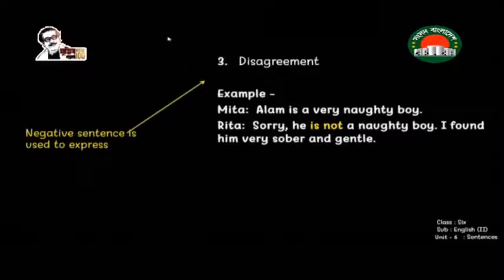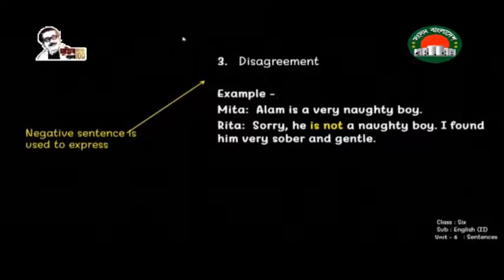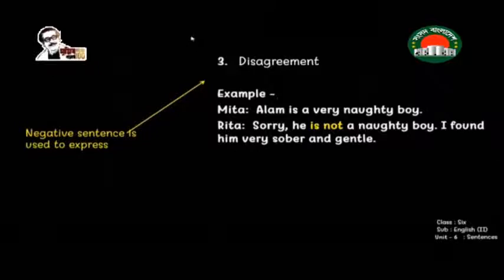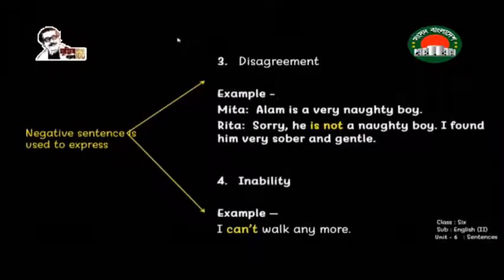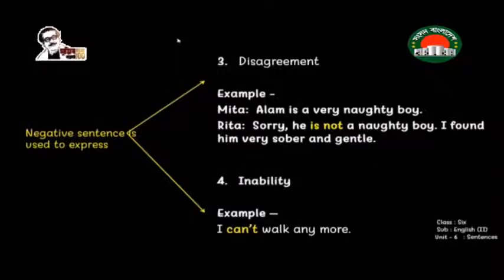Number three, disagreement. Alum is a very naughty boy. Sorry, he is not a naughty boy. I found him very sober and gentle. Number four, inability. I can't walk anymore. So these are the uses of negative sentences.